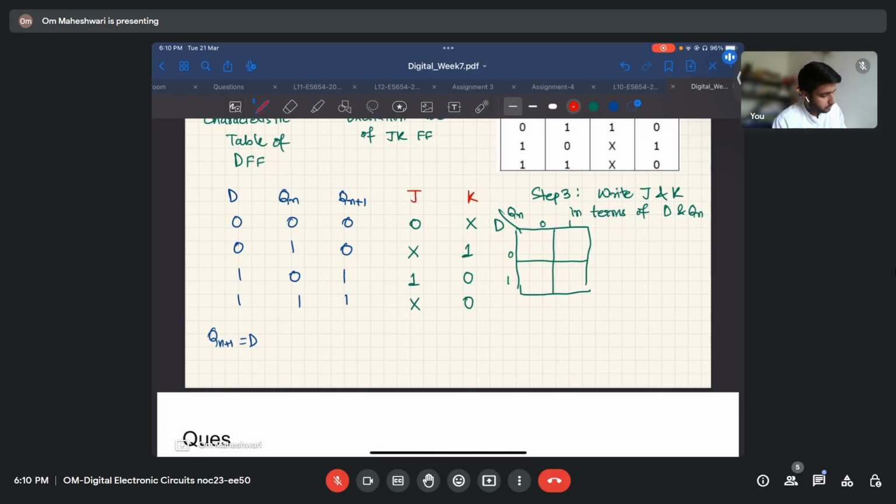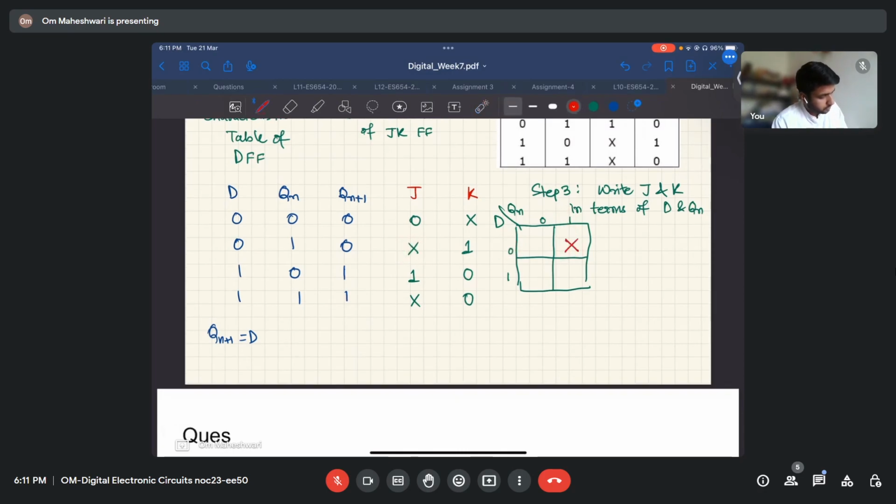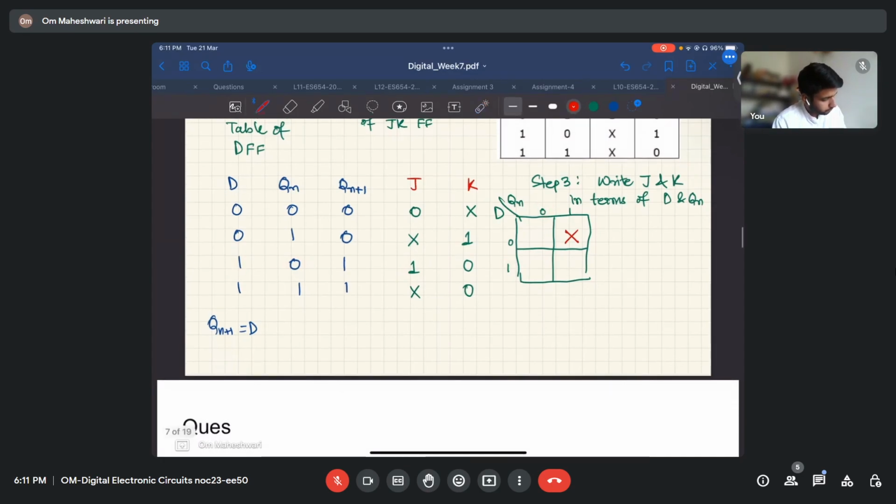So J is, when D is 0 and Qn is 1, J is cross. So here we'll have a cross. And when D is 1 and Qn is 0, we have 1.